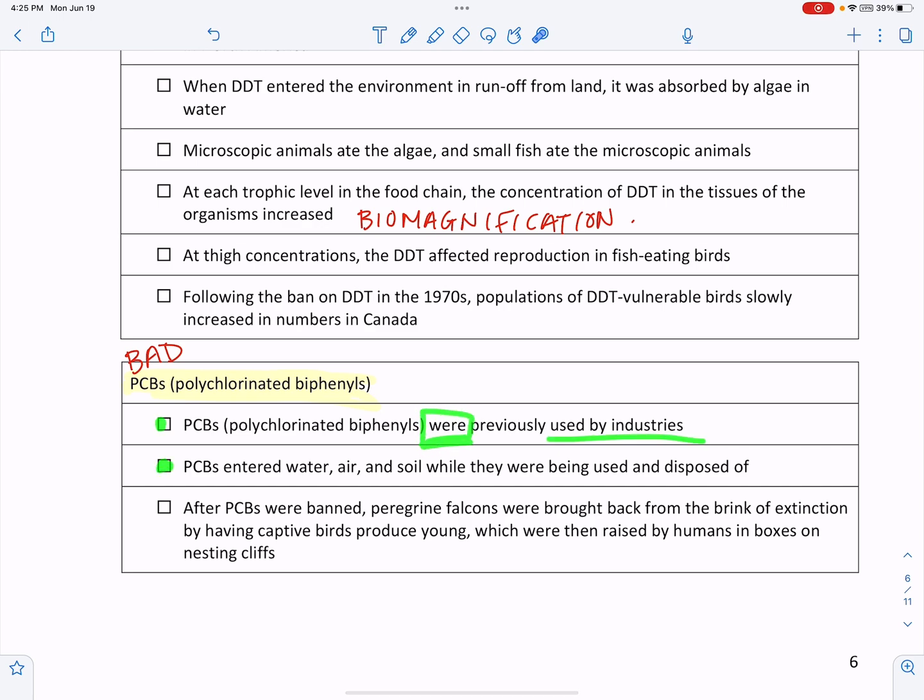It was found that when they entered the water, air, and soil, when they were being disposed of, they were being absorbed by organisms in the environment, and this especially affected peregrine falcons. Peregrine falcons are birds that are at the top of the food chain, highest up on the trophic level, and they were brought back from the brink of extinction once they banned PCBs.